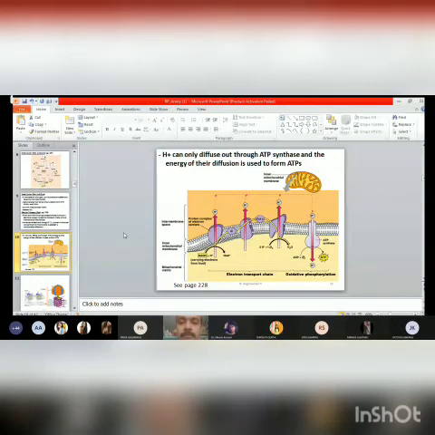NADH, which is generated from the tricarboxylic acid cycle happening inside the matrix of the mitochondria, is taken up by complex 1. Complex 1 is called NADH dehydrogenase complex. This is made up of flavoproteins, iron sulfur complexes, and other molecules. It is a complex of many proteins and other important coenzymes.